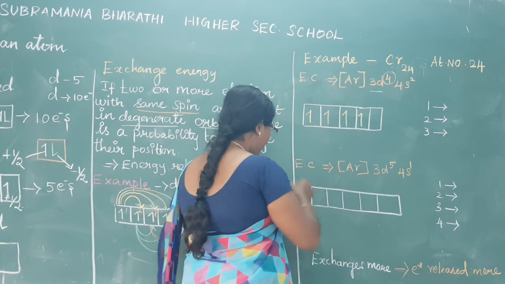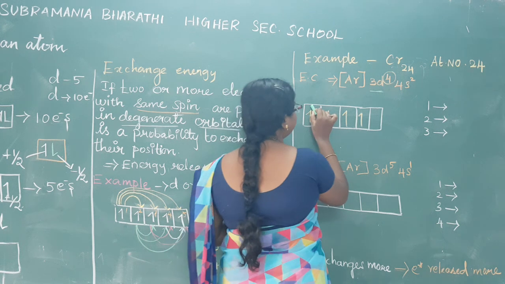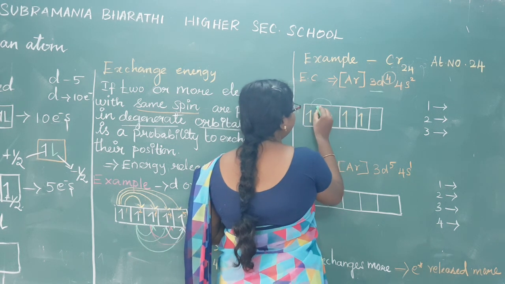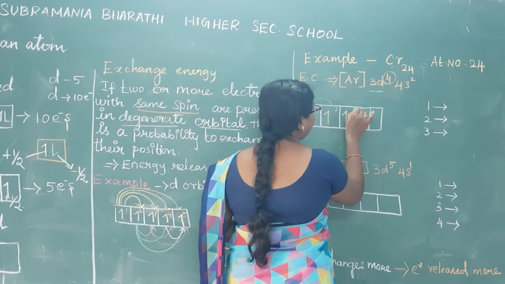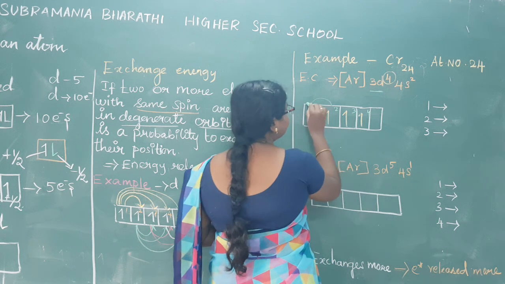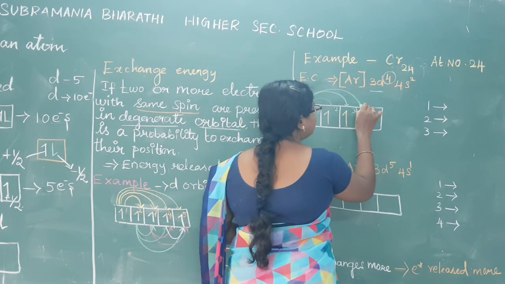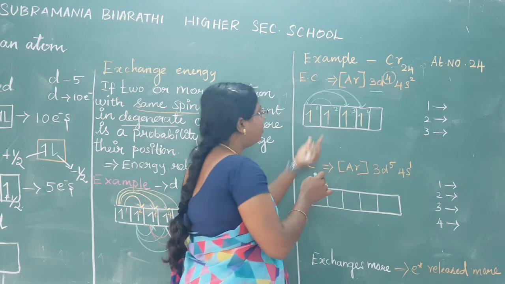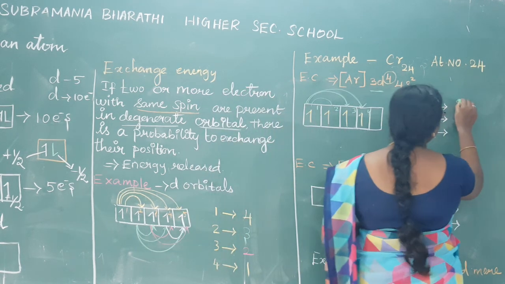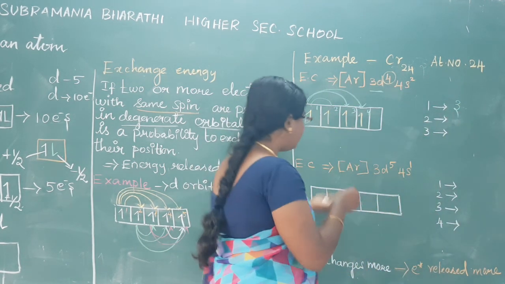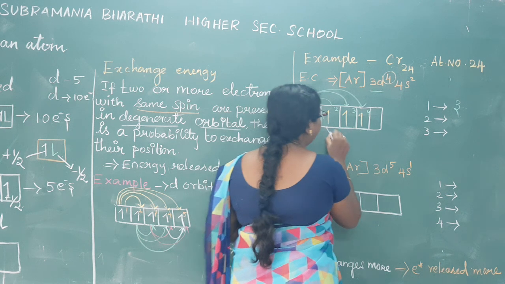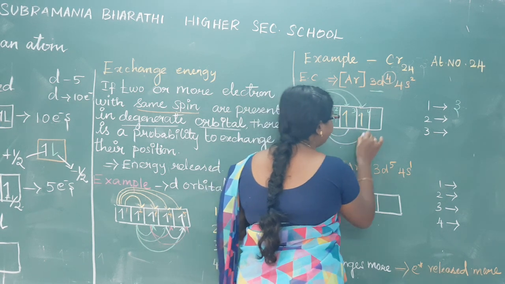So, the first electron exchanges its position with the second electron. So, this is first electron, second electron, third electron and fourth electron. First electron with the third electron and first electron exchanges its position with the fourth electron. So, we are having 3 possibilities for the first electron. For the second electron, second with the third and second with the fourth.